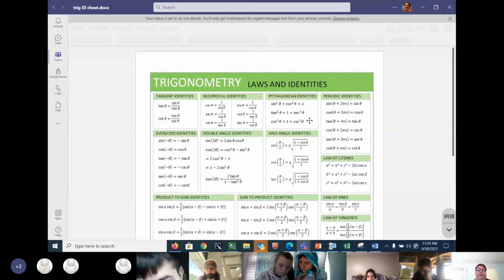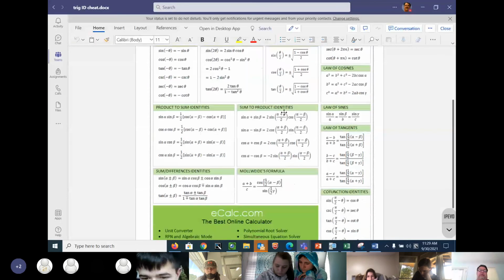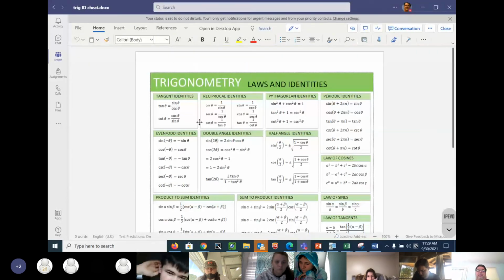But here are the two, they're tangent identities. Tangent identity, the reciprocal identity, Pythagorean identities, those are the ones that you know right now. And you might want to add these on, even odd identities, you can add that on too. It's just a negative. These 4 are negative, the rest of them are just positive. But that's not really a big deal.